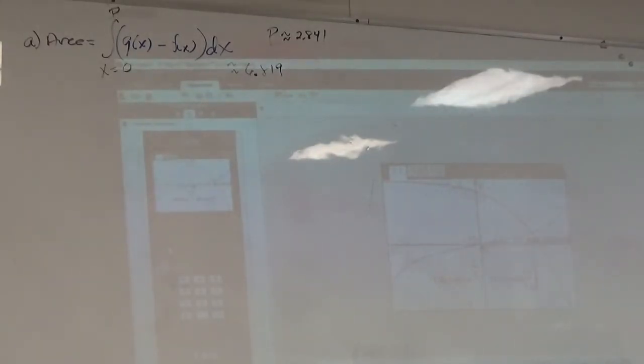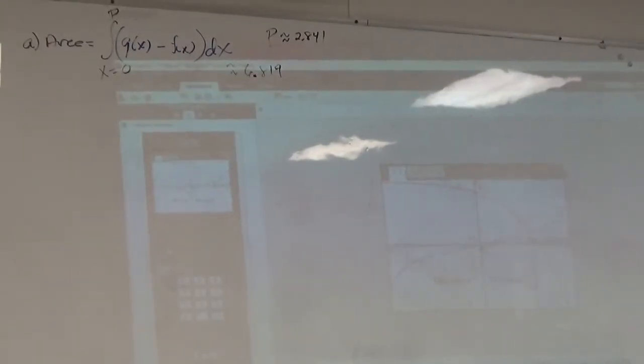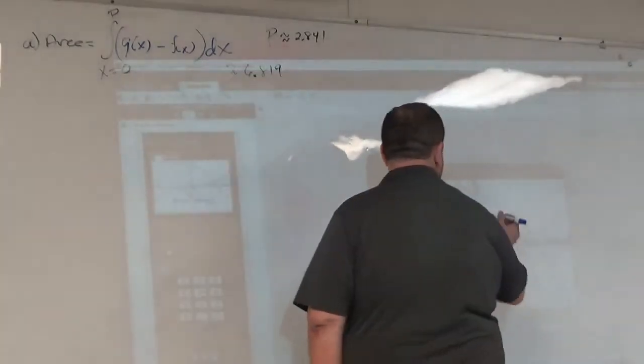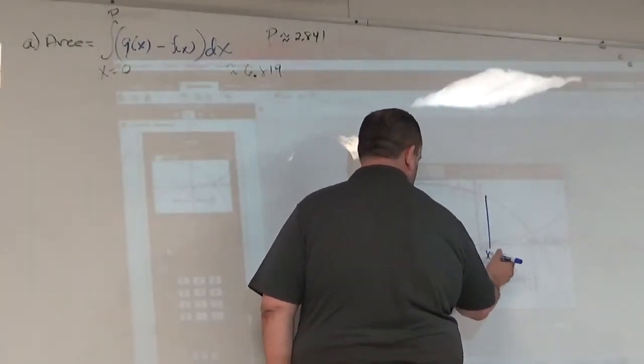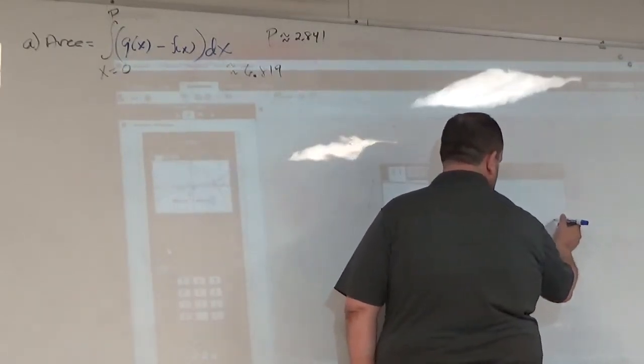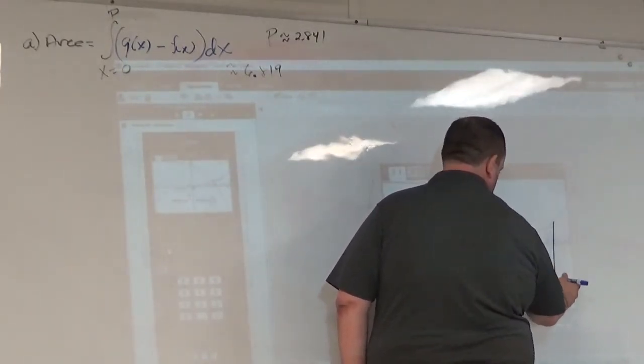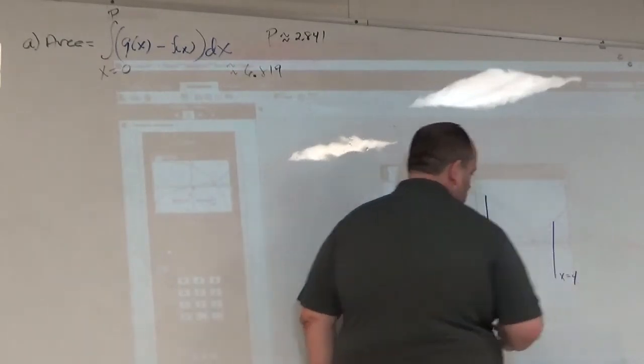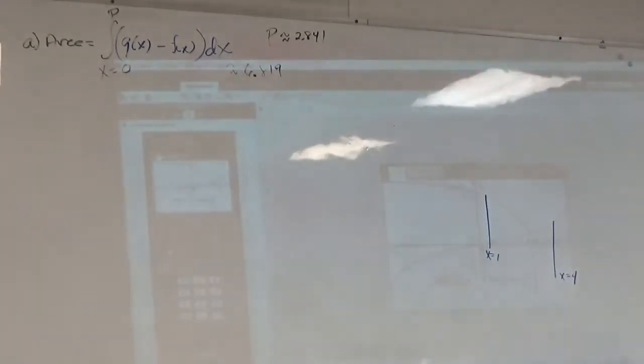From 1 to 4? Wait, let's see. Wouldn't it be 1 to 4? Trust your instincts. I'm seeing some good stuff here. You're going from 1 to 4.